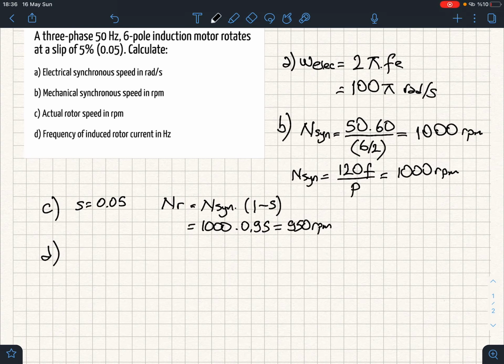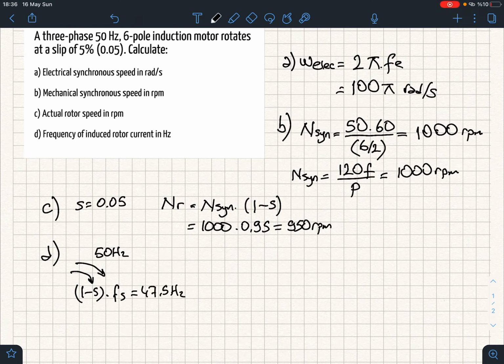If the rotor is rotating at 950 rpm, you can think of the synchronous speed as 50 hertz, and the rotor is rotating at 1 minus s times fs, that is 47.5 hertz.